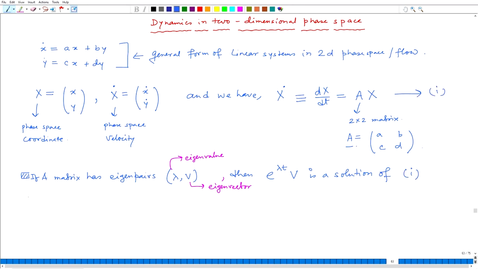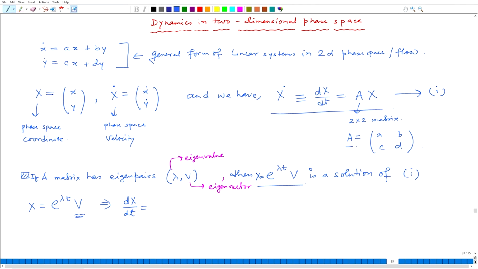How to show that? The proof is pretty simple. You can simply check whether x equal to this satisfies this equation or not. If x is equal to e to the power lambda t times v, then dx dt will be equal to, you know that v is just the eigenvector which does not contain any time. It is a function of the phase space coordinates.